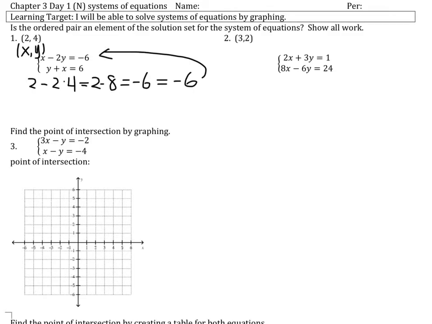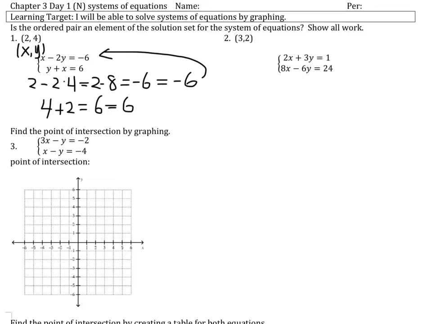When you're trying this type of question, you cannot jump to a conclusion. If your ordered pair satisfies the first equation, you will also have to check the second one. So let's go ahead and do that. y is 4, x is 2. Is 4 plus 2 equals 6? Yes, indeed it is.